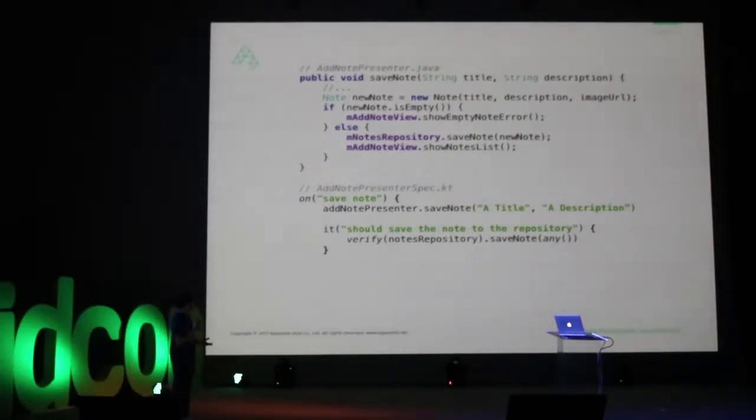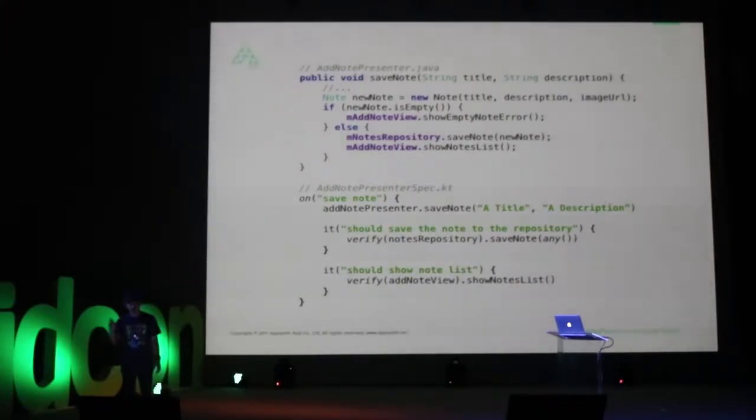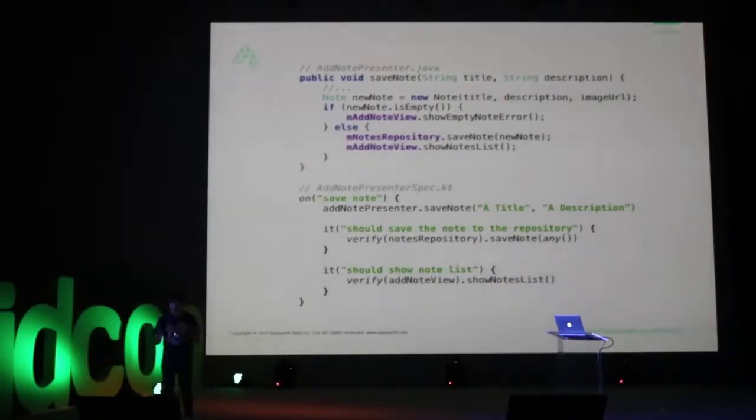So in the it closure, we verify that node repository.save node was actually called with any node. And it also should show the node list. And again, in the it closure, you call a lambda. You verify that add_node_view.show node list was actually called.